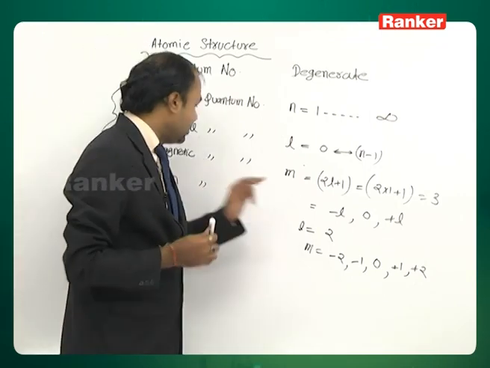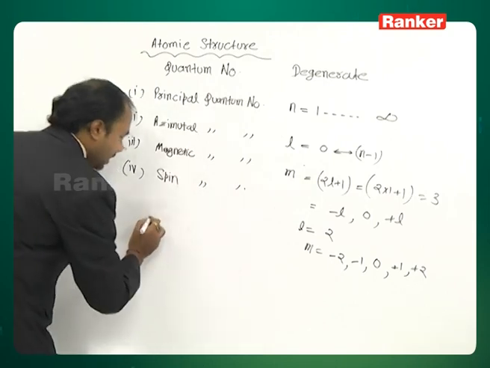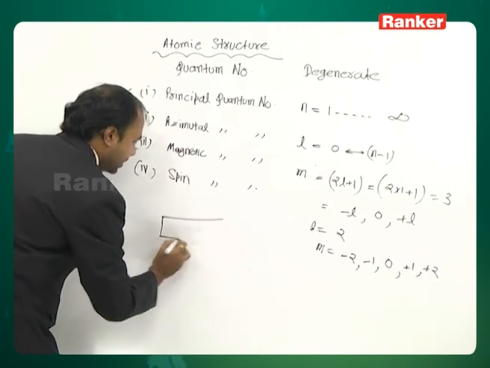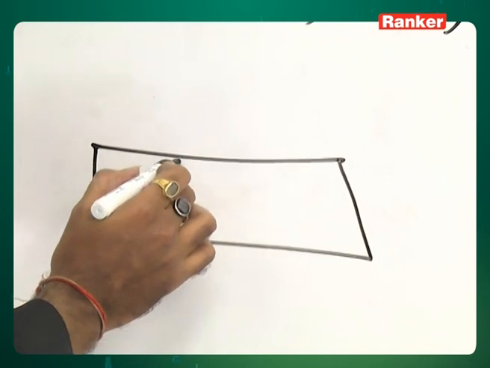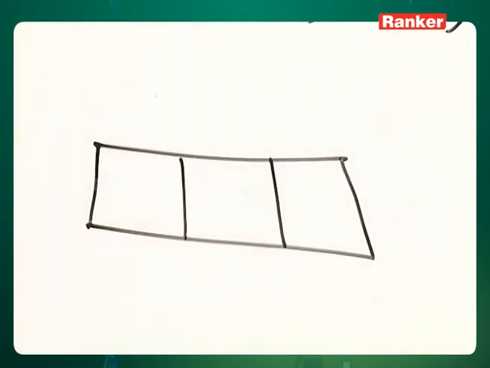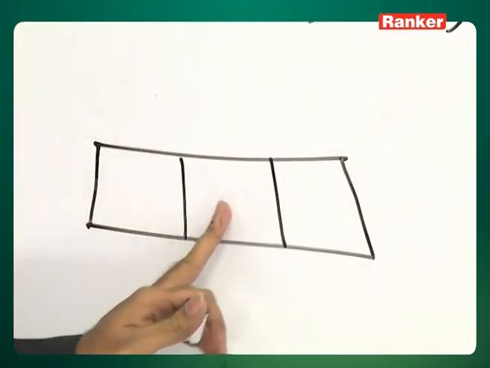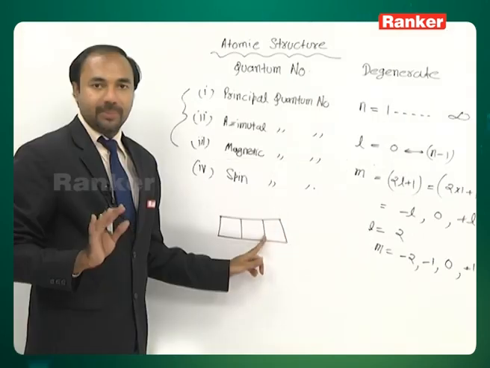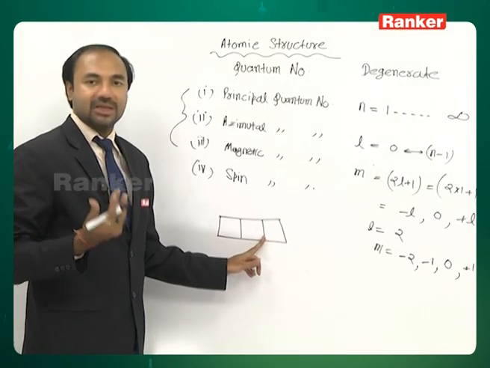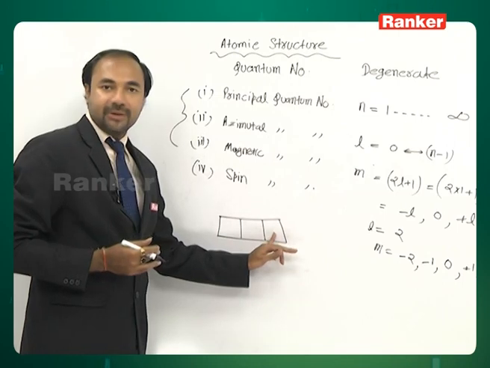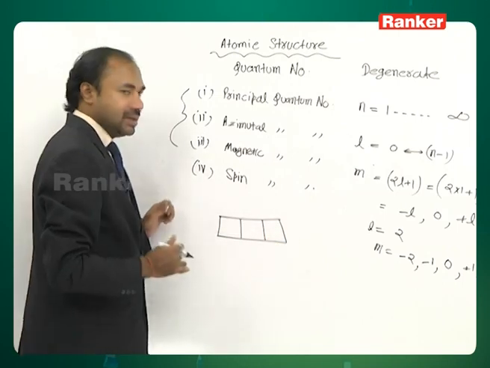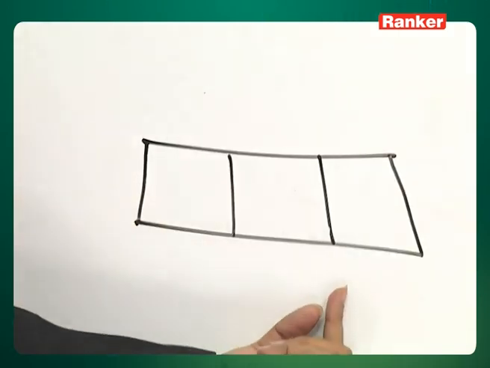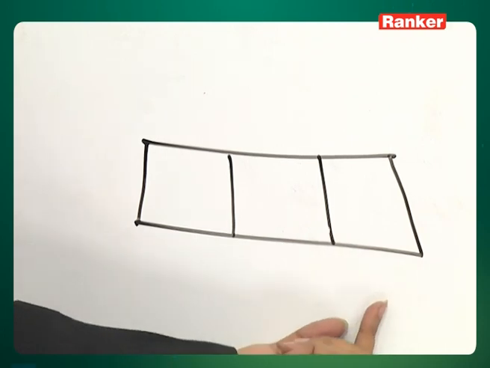So the P subshell is represented like this in the form of boxes. This is P subshell. So all the p orbitals will be degenerate, exactly identical in all aspects. If you talk about d subshell, similarly in d subshell we will have 5 d orbitals.